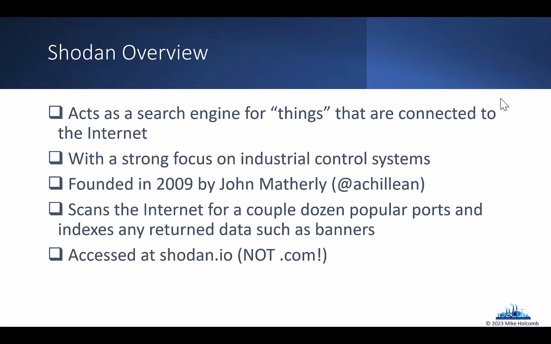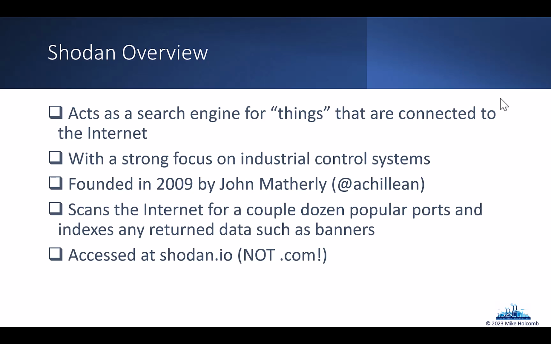Shodan was created by a gentleman named John Matherly back in 2009, so it's been around for a while. It really came up as a search engine to find things that were connected to the internet, not just web pages like Google or, at the time, Yahoo, but things.